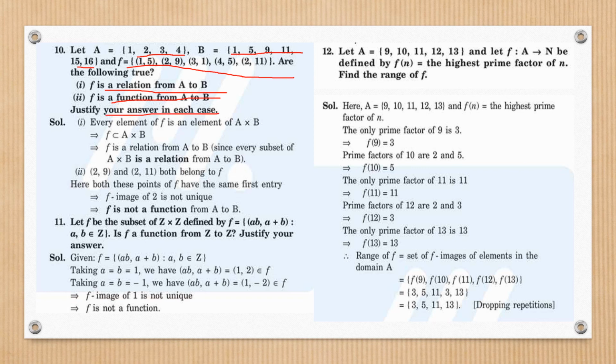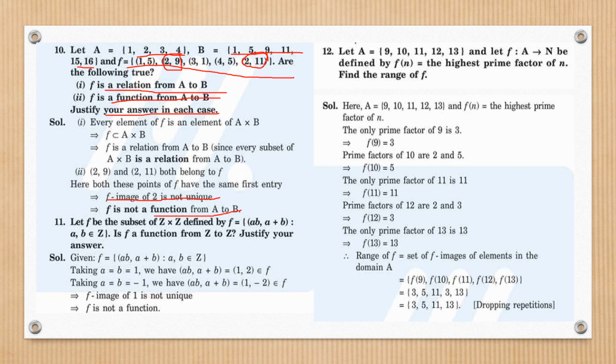If you focus here, (2, 11) and (2, 9) do not follow the condition of being a function. Why? Because two different ordered pairs with different second elements have the same first element, so the image of 2 is not unique. That's why F is not a function from A to B.